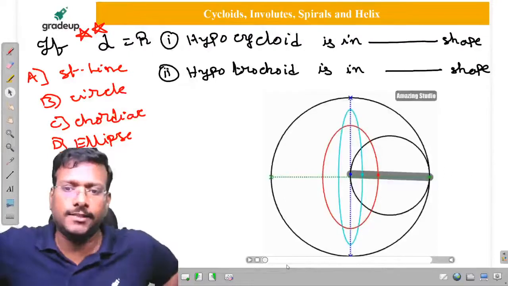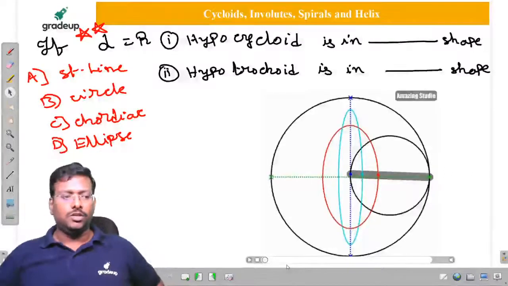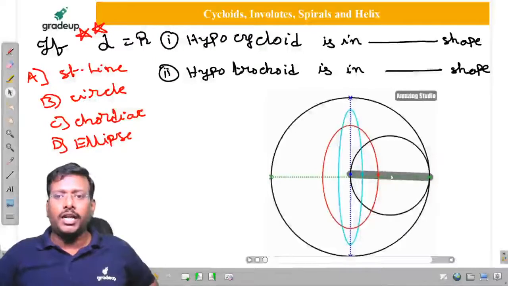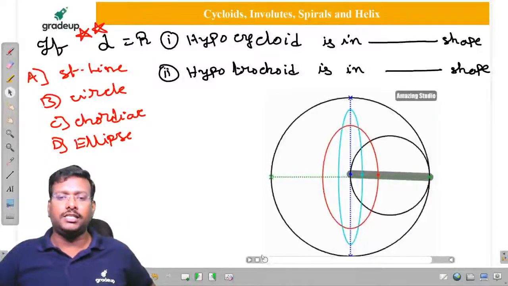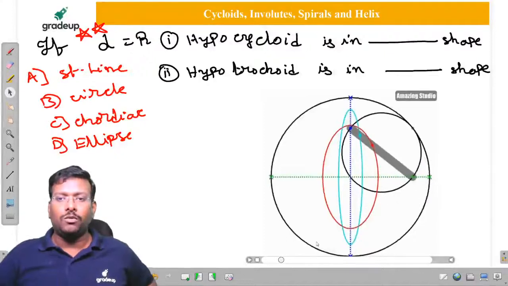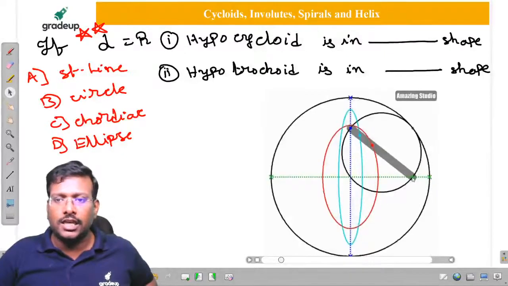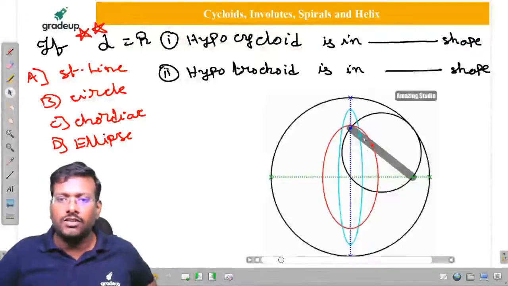Just observe this. Am I right or not? So here, small d, the diameter of the smaller circle, is equal to the radius of the directing circle. Now observe: the green and blue points are on the circumference of the circle.